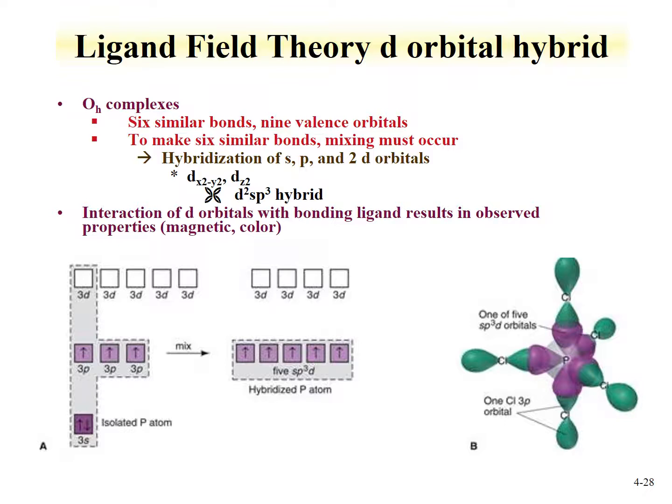So we know that we need to mix our orbitals together, so we come up with a hybridized orbital. In this case, we have 5 sp3d orbitals, which are all the same, so that this complex will have similar phosphorus-chlorine bonds.